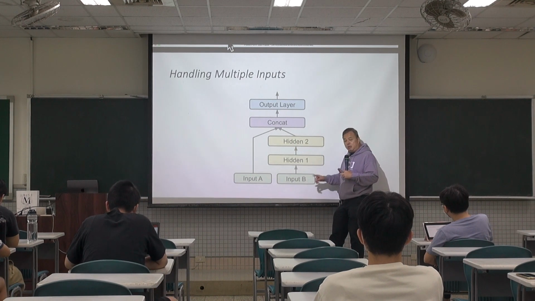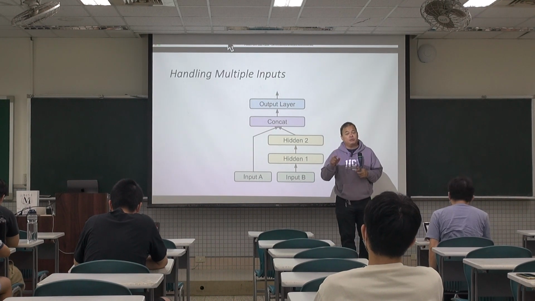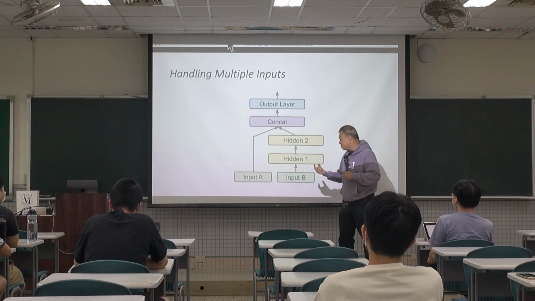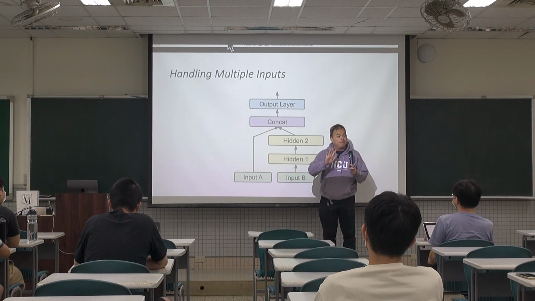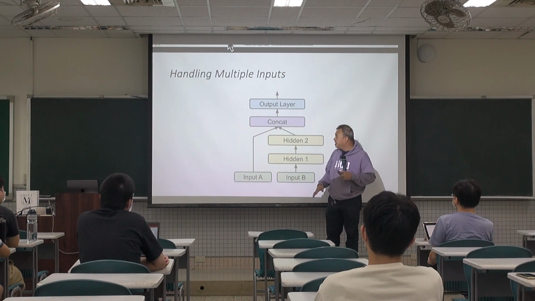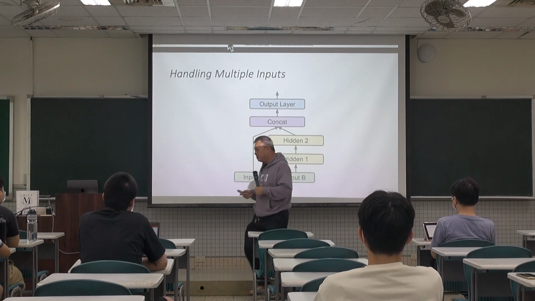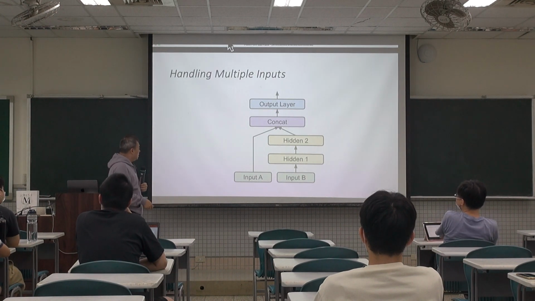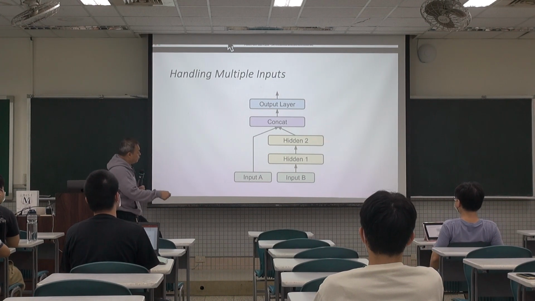These two sets of features do not necessarily need to be disjoint. Some features may appear in both input A and input B, and that's totally fine. This is just an example. I just want to tell you that the functional API is able to deal with multiple inputs, and sometimes when you want to create a model with multiple inputs, this is one of the reasons.